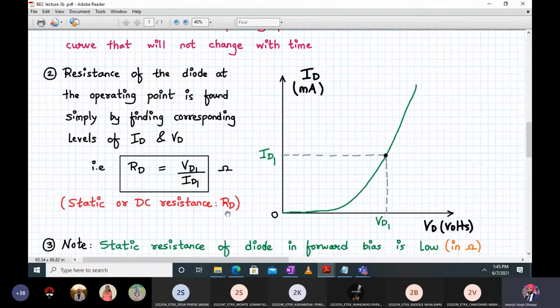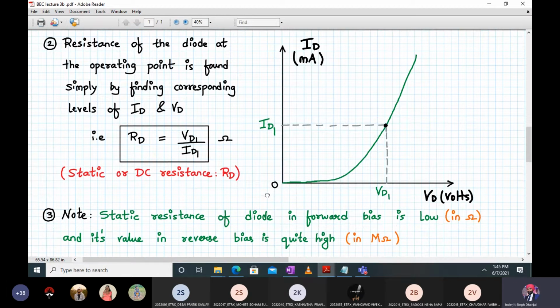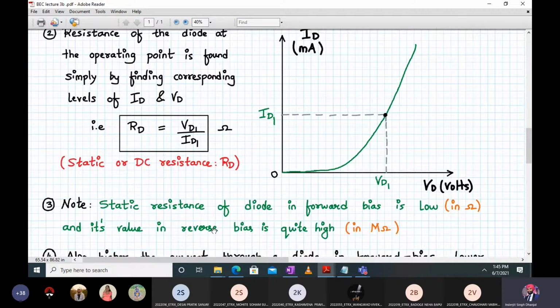Your static or DC resistance RD will be VD1 divided by ID1, and its value will be in ohms. A very important thing to note is that the static resistance of the diode in forward bias is very low, in ohms. Its value in reverse bias is quite high, around mega ohms. In forward bias, as you go on increasing the voltage, the current increases exponentially, so resistance is low.